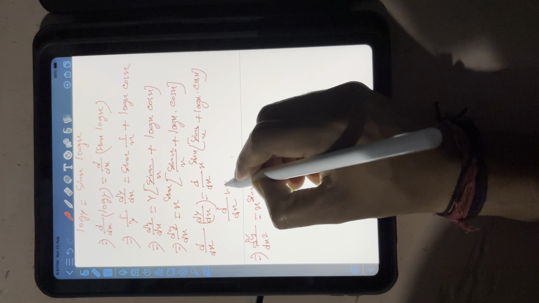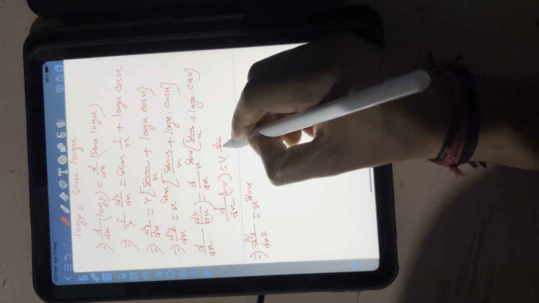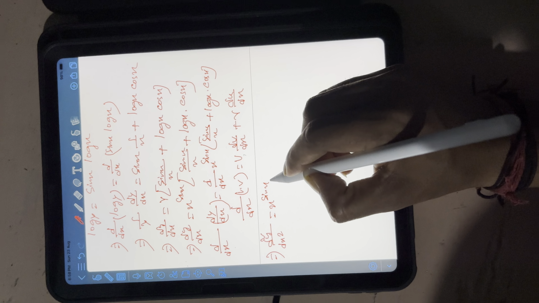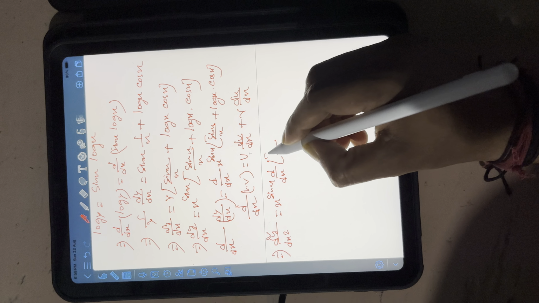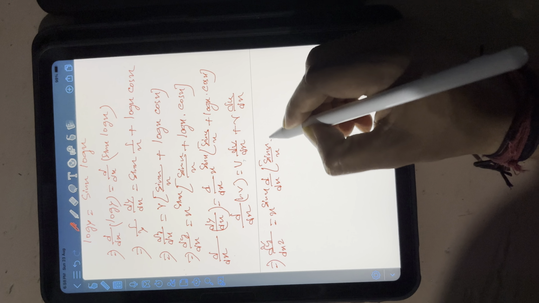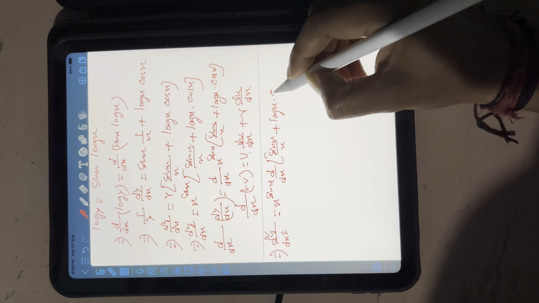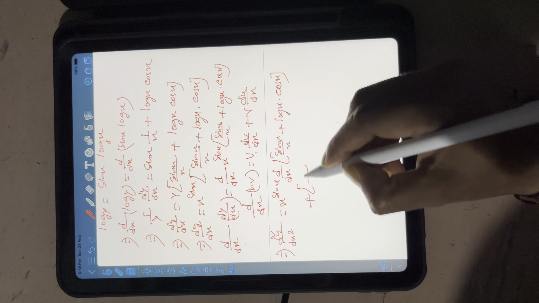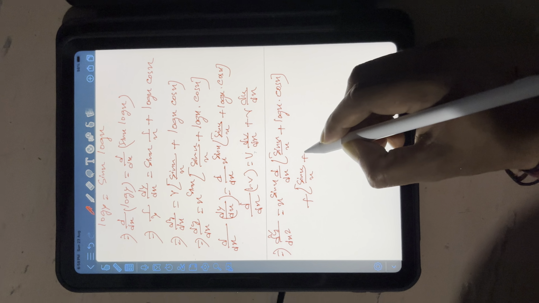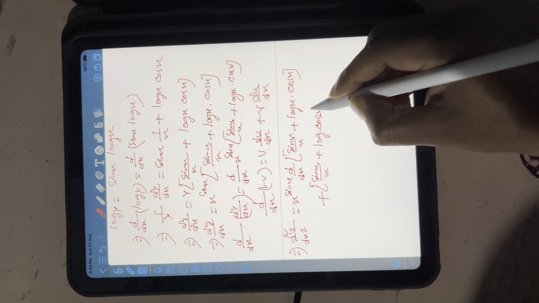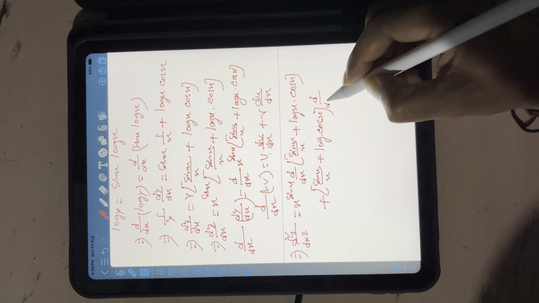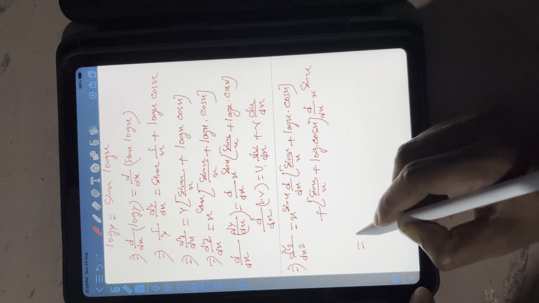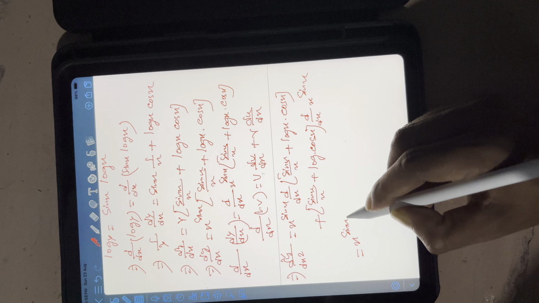This formula will be applied here: d/dx of u into v is u dv/dx plus v du/dx. So d/dx of x^(sin x) times (sin x / x + log x cos x) plus, this will come, (sin x / x + log x cos x) times d/dx of x^(sin x).